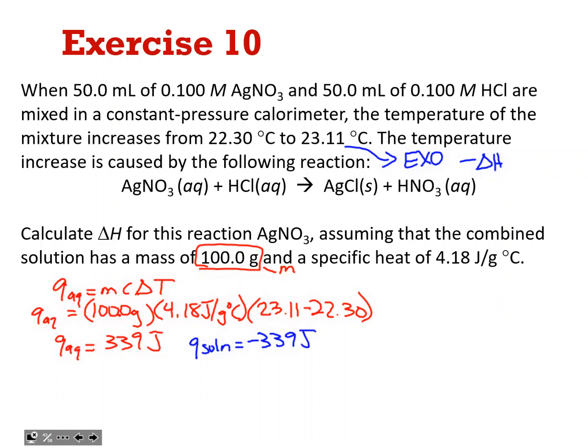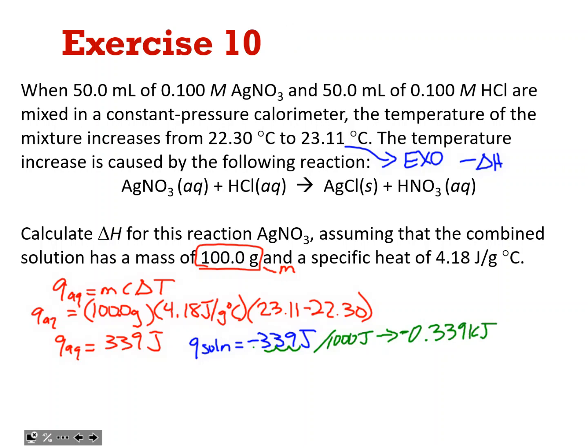And then what should we do from that point? Change it over to kilojoules, right? This is going to be 1, 2, 3, so 0.339 kilojoules. Don't forget the negative sign. That helps very nicely.